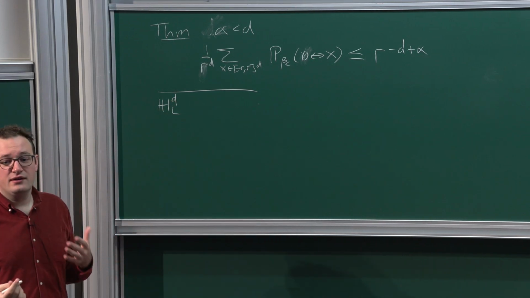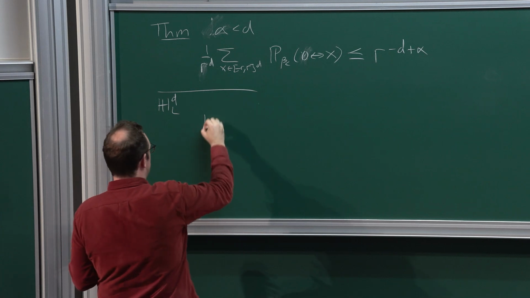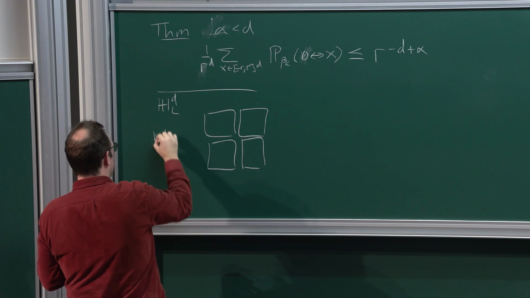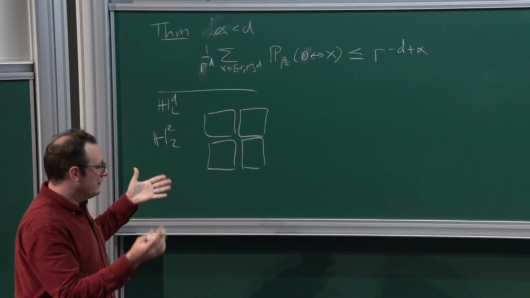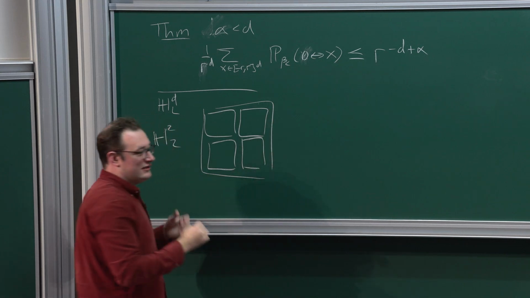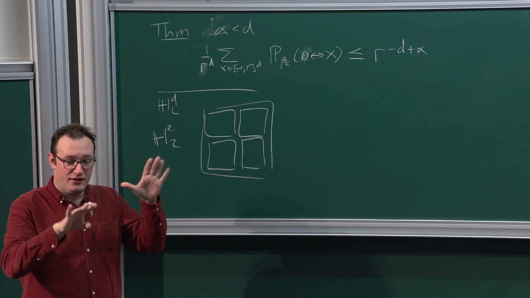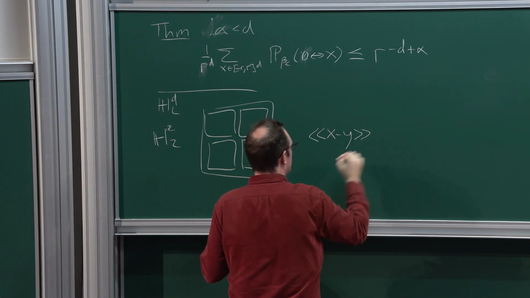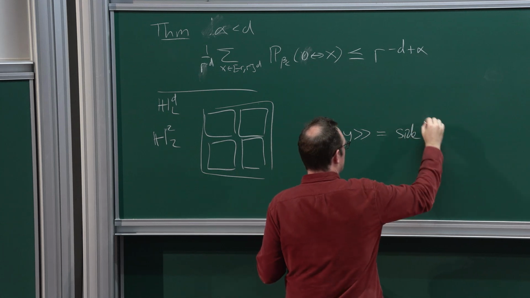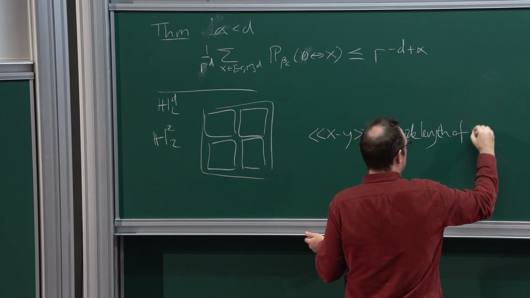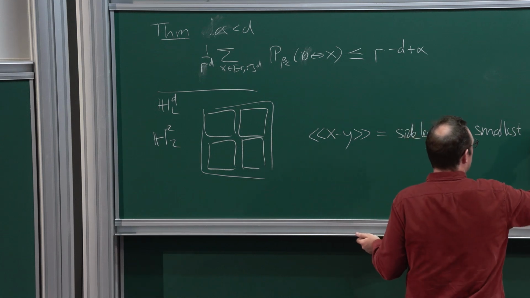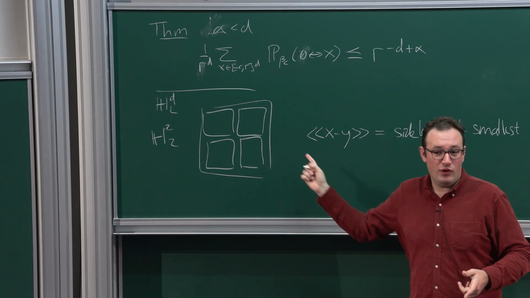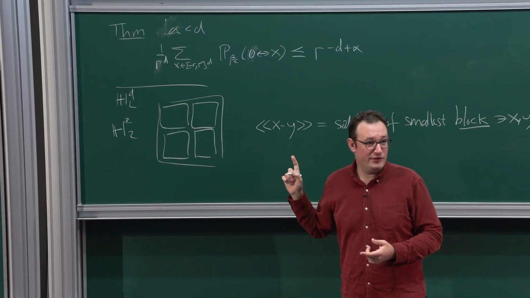As a reminder, this is the lattice where, for example, in H22, you split the space up into 2x2 boxes, then 4x4, then 8x8 in a hierarchical fashion, and then you set the distance to be the side length of the smallest block containing both points, where by a block I mean one of the distinguished boxes that appears in the hierarchical decomposition.